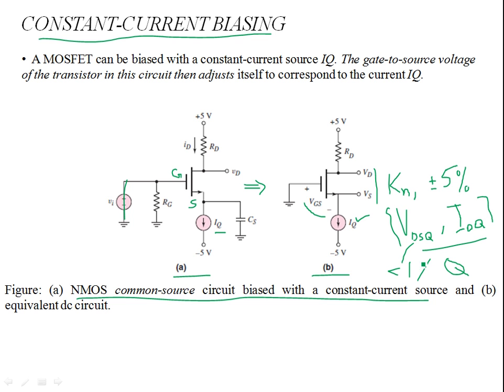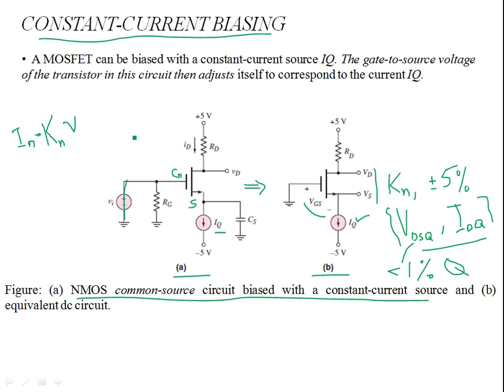You see what happens in saturation is that your VGS determines the ID current. So if the transistor is biased in the saturation region, then ID, the drain current, is given by the conduction parameter Kn, which might vary due to the variation in the process technology of the fabrication of the NMOS device.